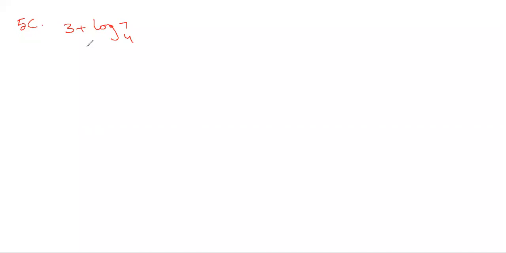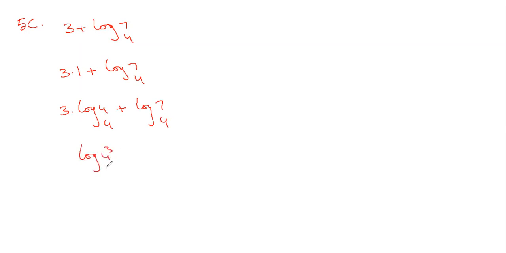Basically 5C is a part of 5B and a part of 5D. You just write this 3 as 3 times 1 plus log 7 base 4. And the 1 can be written as log 4 base 4, because the next term is base 4. I am writing that also base 4. And this 3 can be written in the power of 4.